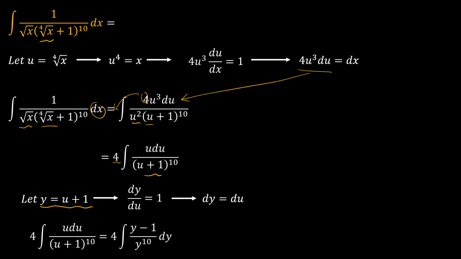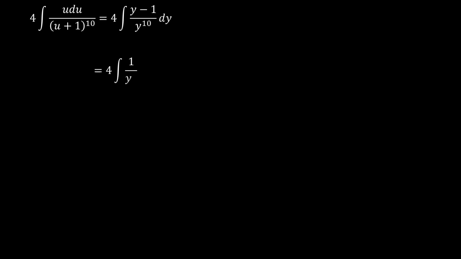We just put y, and the power 10 fits in naturally. And then we separate the two parts in the numerator into two separate parts: y divided by y to the power 10, and 1 divided by y to the power 10.